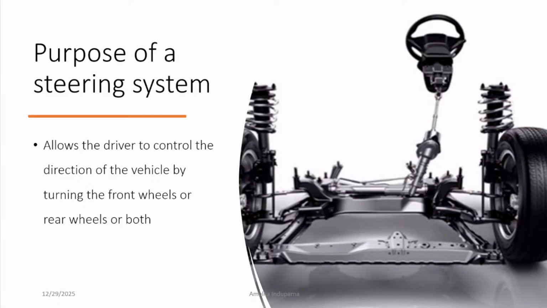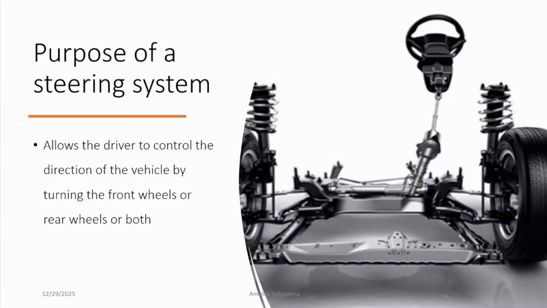Both front and rear wheel steering systems are common in vehicles that need to rotate in limited spaces, especially ambulances, so they can maneuver the vehicle in very compact locations.